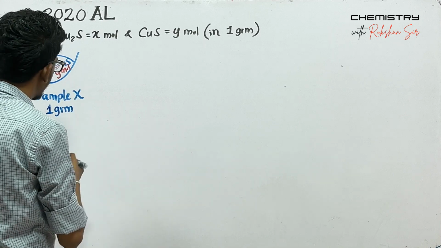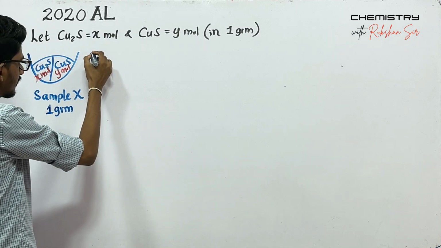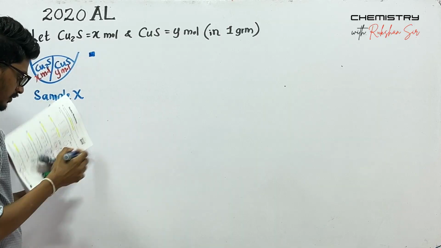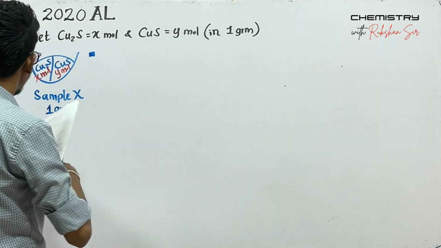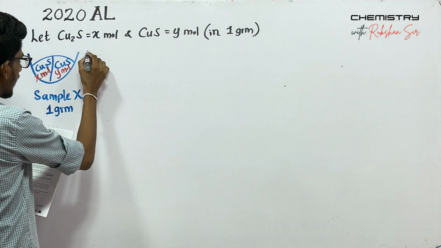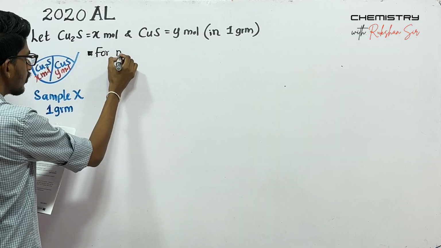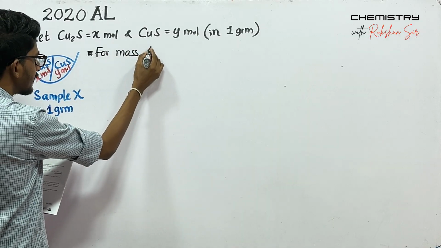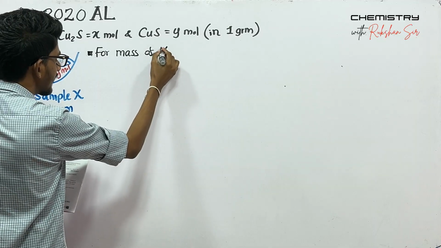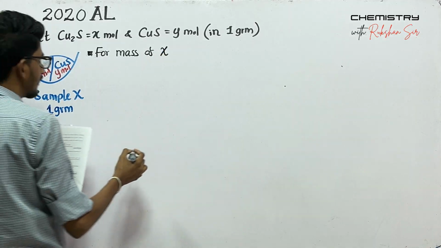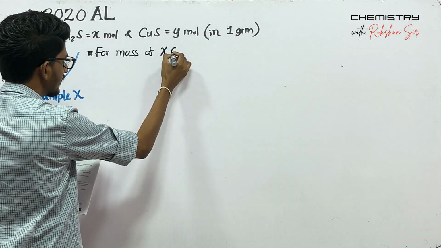So the first simultaneous equation is for the mass of sample X in grams.